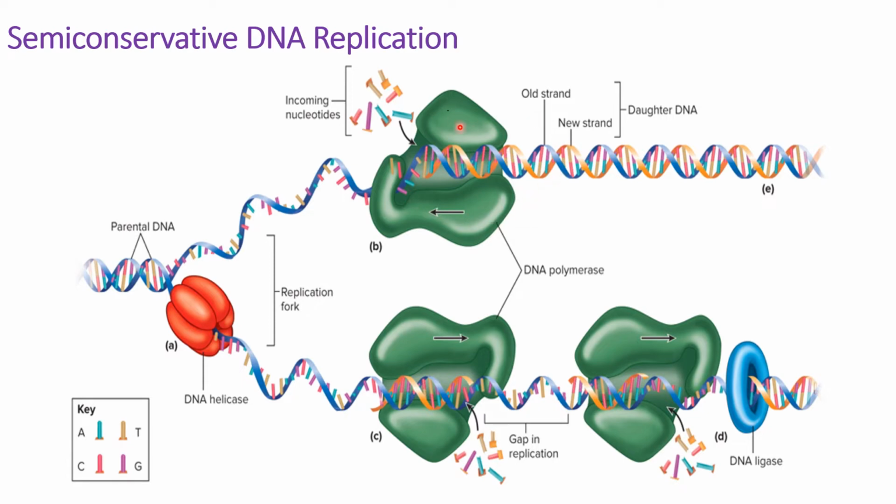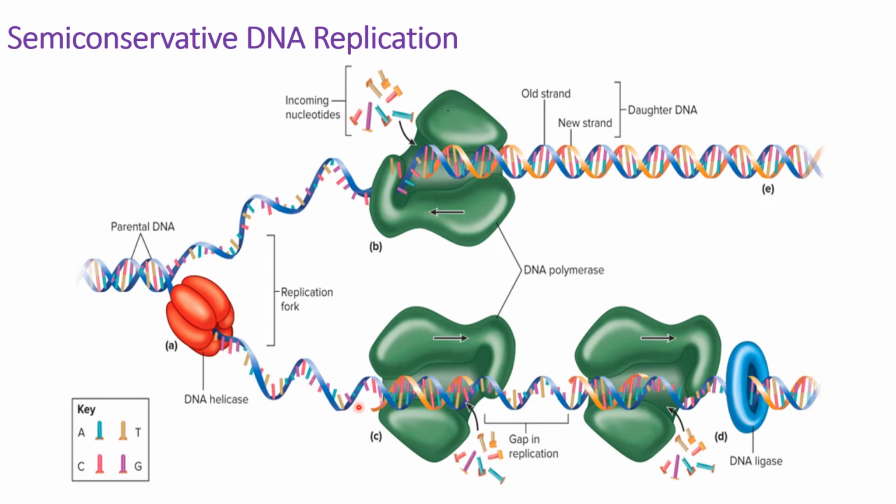And again, to speed this process along, we're going to have many DNA polymerase enzymes working on our DNA. This DNA polymerase at the top is moving in this direction, as indicated by the arrow.